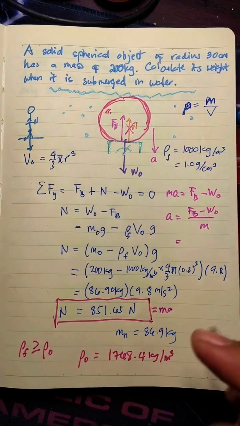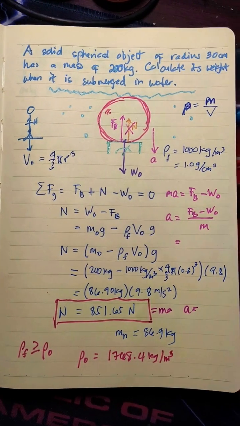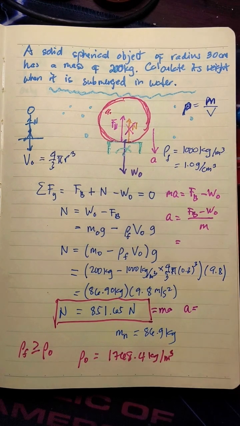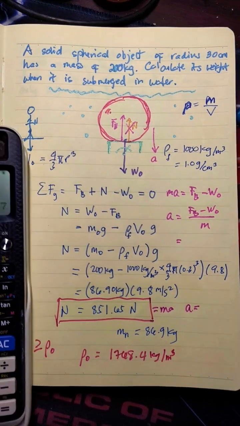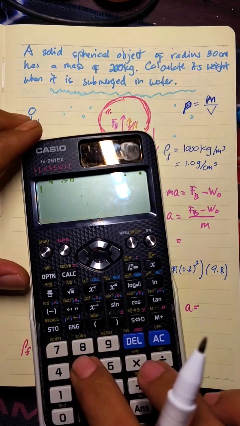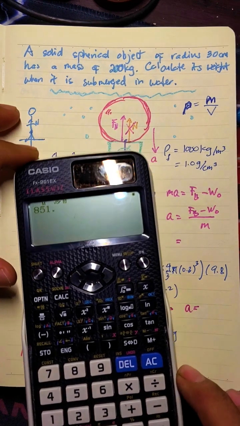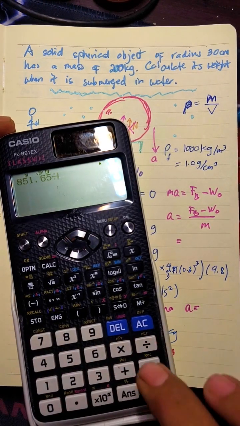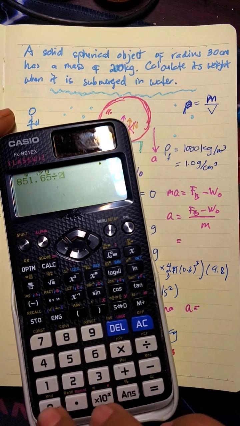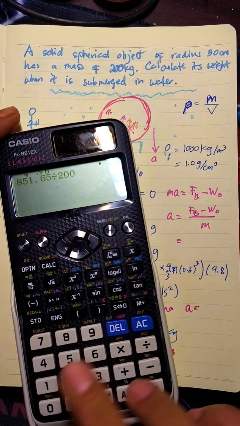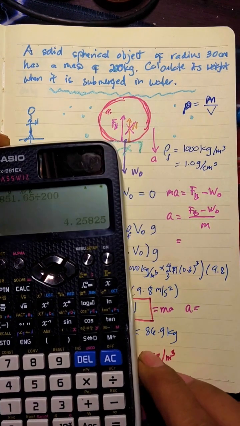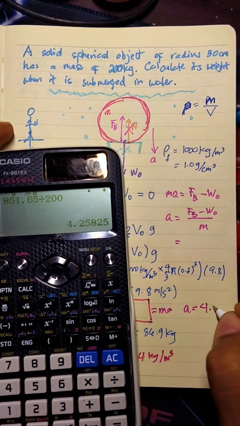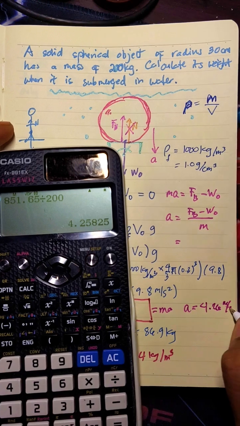So our a now would just be equal to this divided by mass. So that would be 851.65 divided by the mass of the object, which is 200. And it would accelerate at just 4.26 meters per second squared.